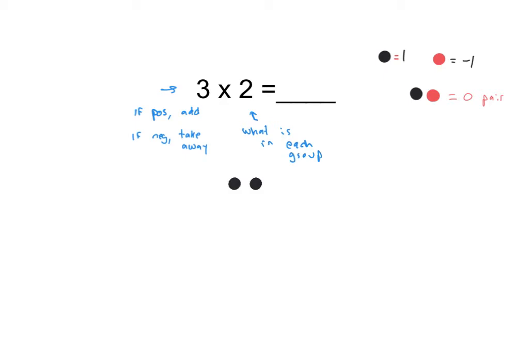There's 1 group, there's 2 groups, and there's 3 groups. So we added 3 groups of positive 2, which means that we have a positive 6, right? 1, 2, 3, 4, 5, and 6.